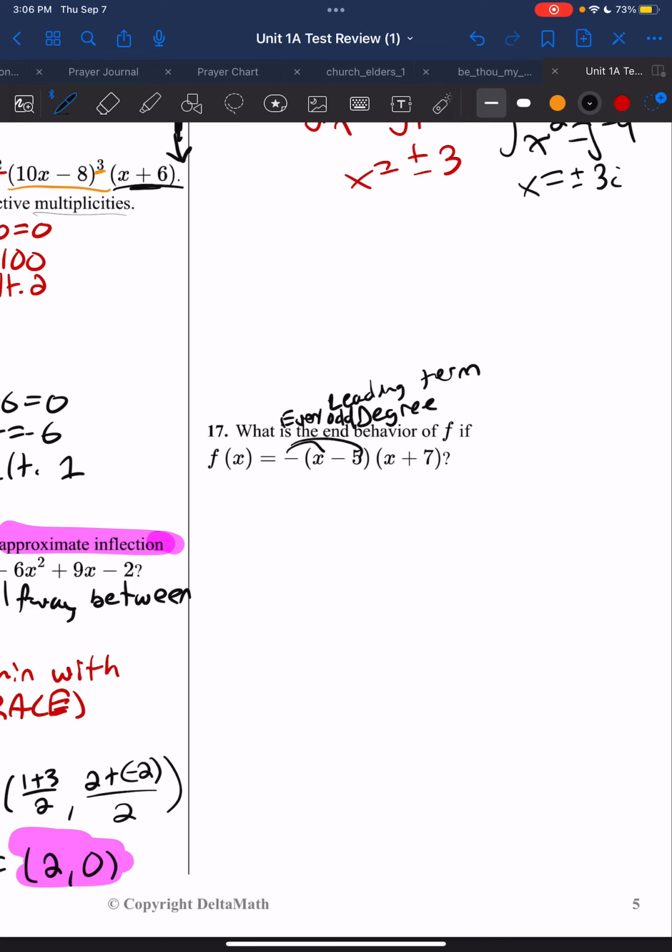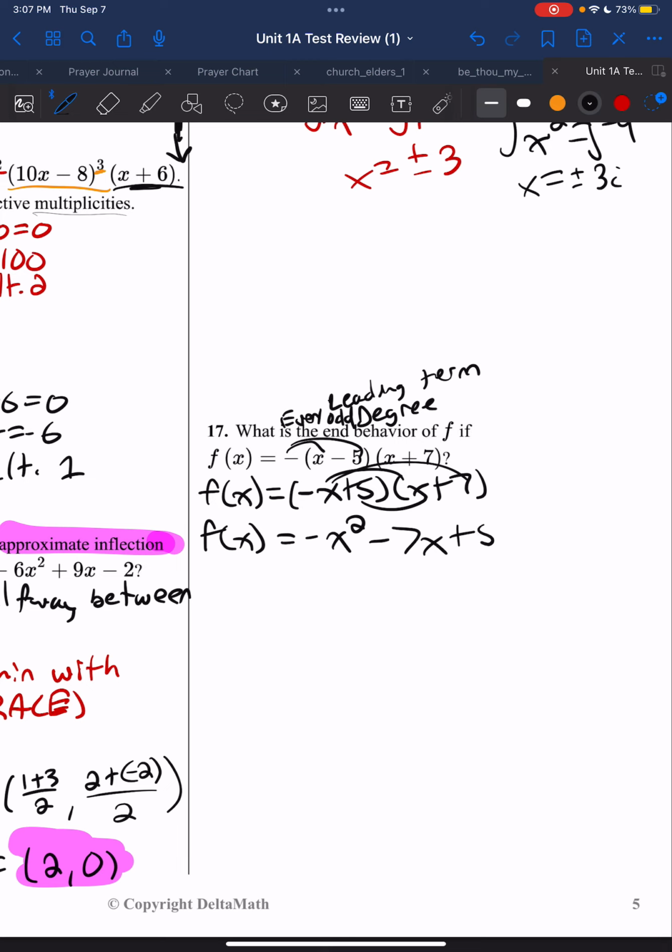I'm going to multiply the negative in, so I'm going to have f of x equals negative, take my bracelet off. Negative x plus 5, and then x plus 7. If I distribute that out, I'm going to have negative x squared minus 7x plus 5x plus 35.